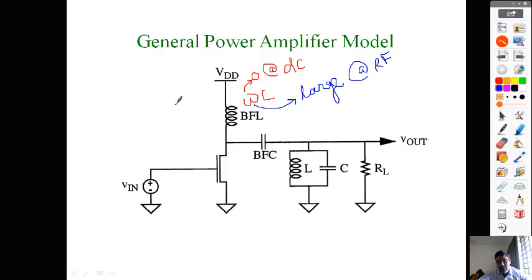Therefore, the output of the power amplifier will not be sinusoidal. It will be in the form of a pulsed sine wave, and the conduction angle is also less than 180 degrees.